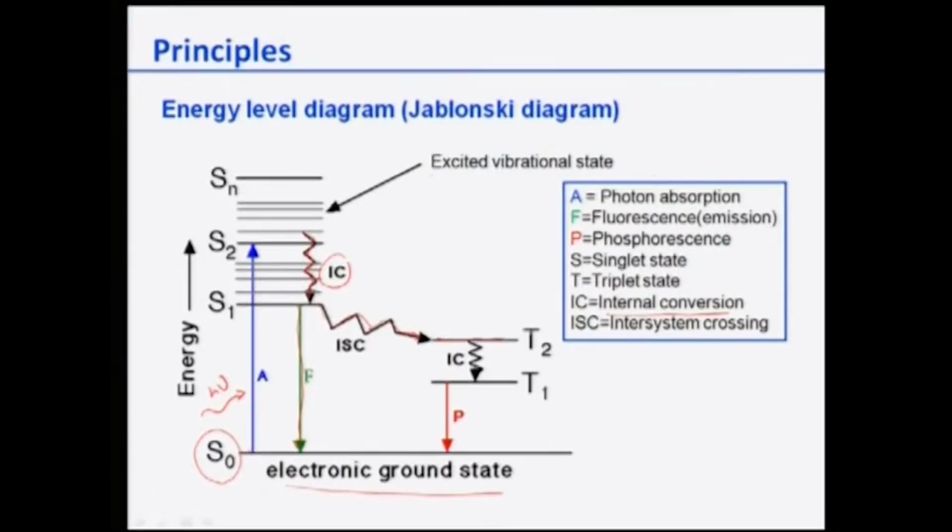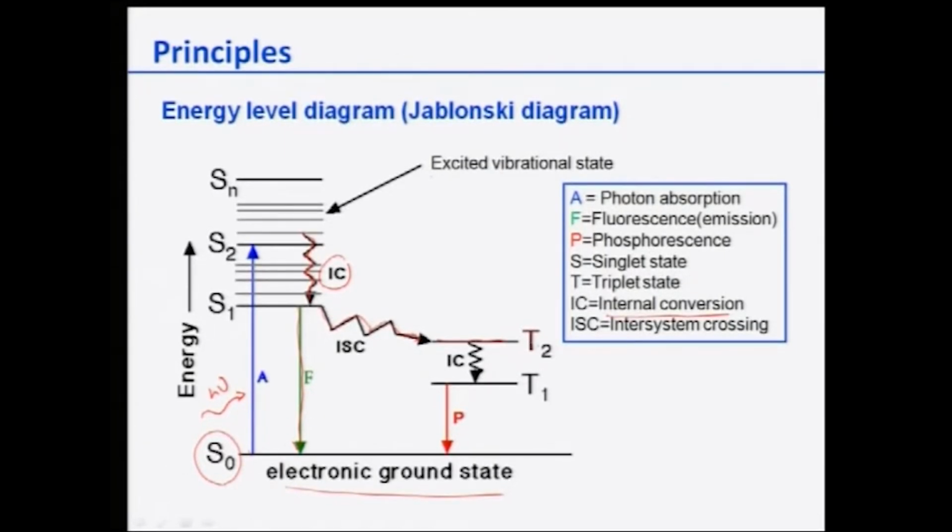If you have this intersystem crossing, then it comes to a state called T2. T2 is in between S0 and S1, a transition state, sorry, triplet states you can say. And then from T2 to T1 you can also have internal conversion, that is possible. And then when it comes back from T1 to S0, what happens is called phosphorescence.